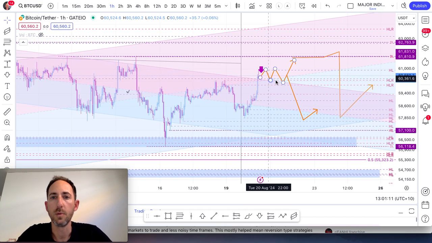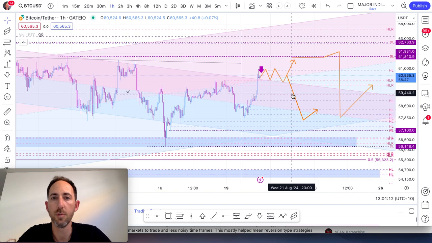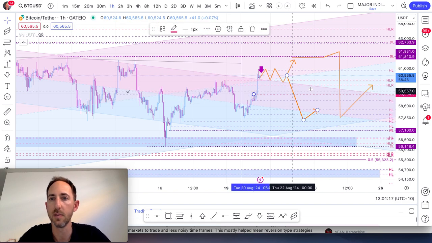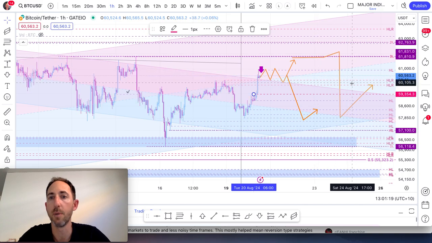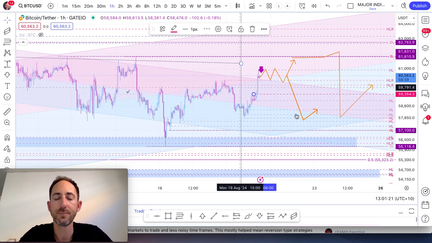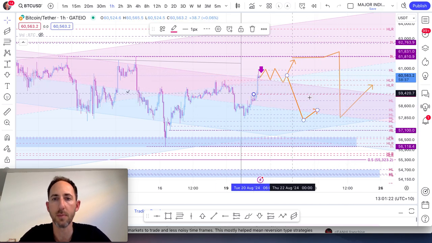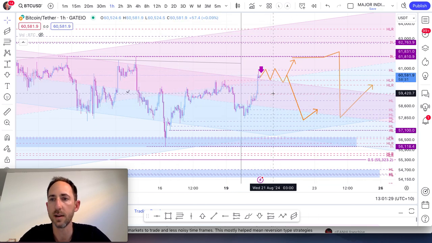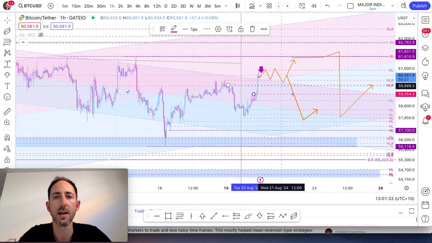And I'm looking just for a short move back into this area with a target in the bullish buy zone. So that way, even if it comes into the bearish of the downtrend, that's still fine by me. So that target area of 59,350 is the target area I'm trying to go.